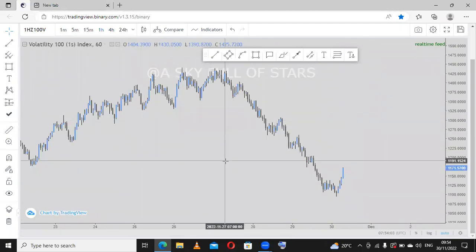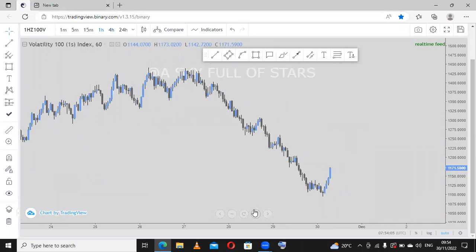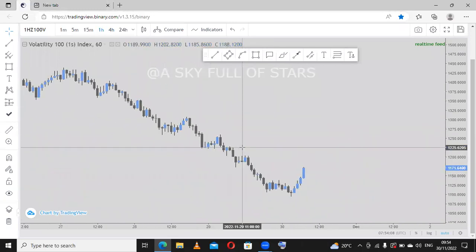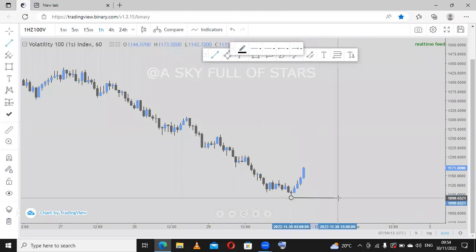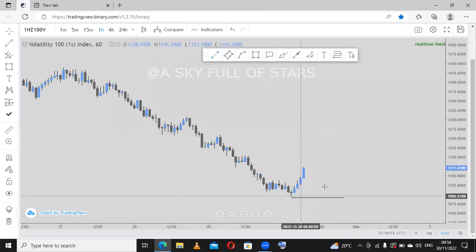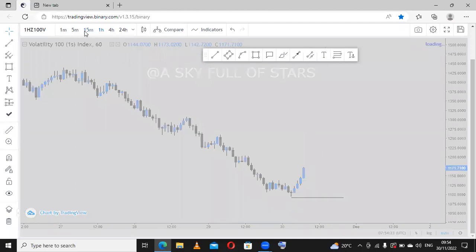Okay, so this is H1. If we want to sell, this is what we have to wait for. Price should break this lower low to confirm it's selling. With that being said, let me use M15 for this one.